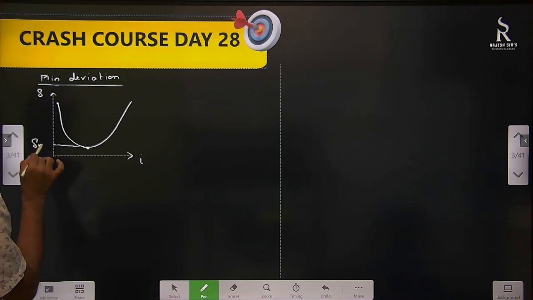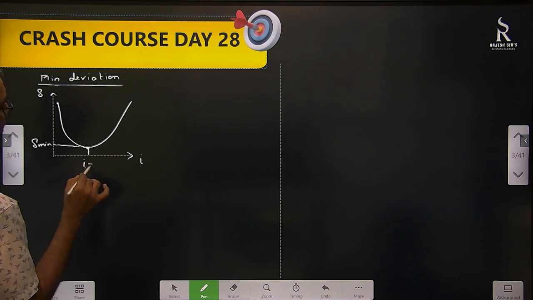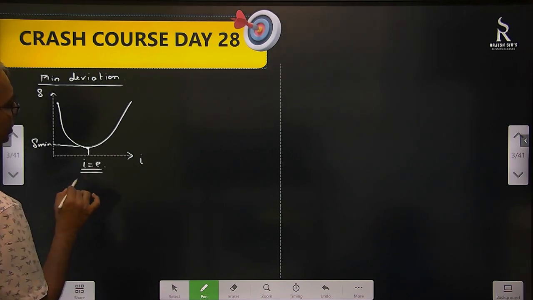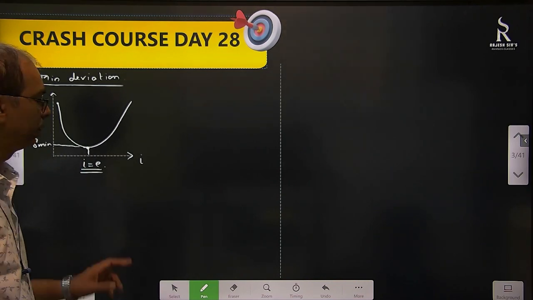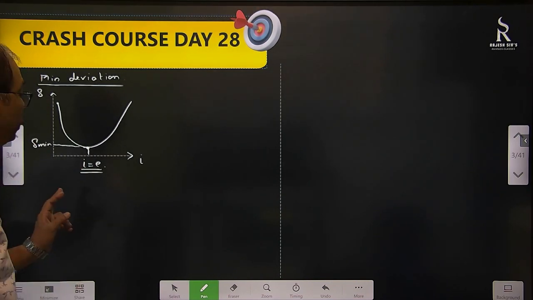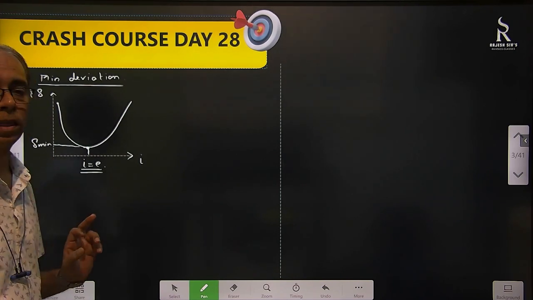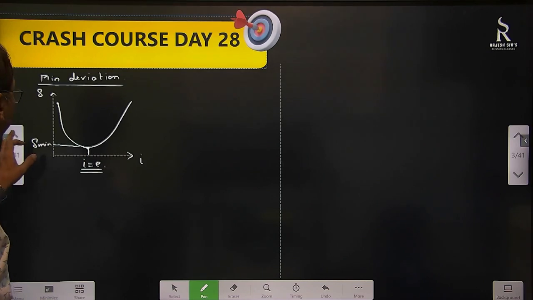And this delta minimum is obtained when I value is equal to E value. That means angle of incidence is equal to angle of emergence. Remember that. So if angle of incidence is equal to angle of emergence, it will give us R1 equal to R2. You can see from it.